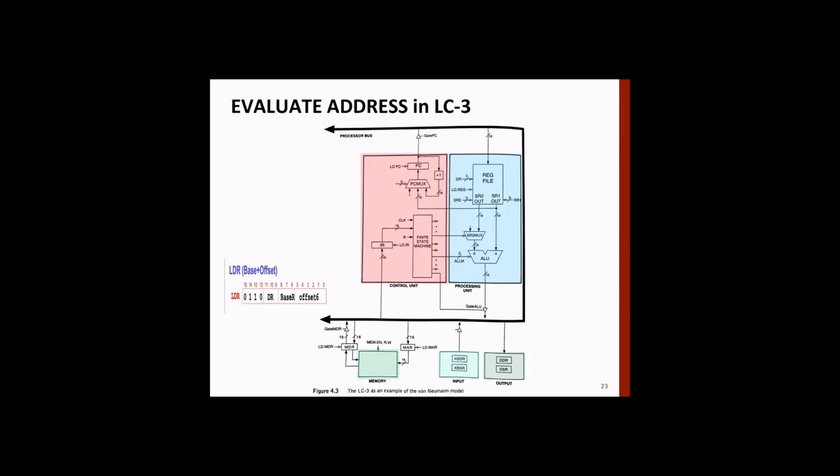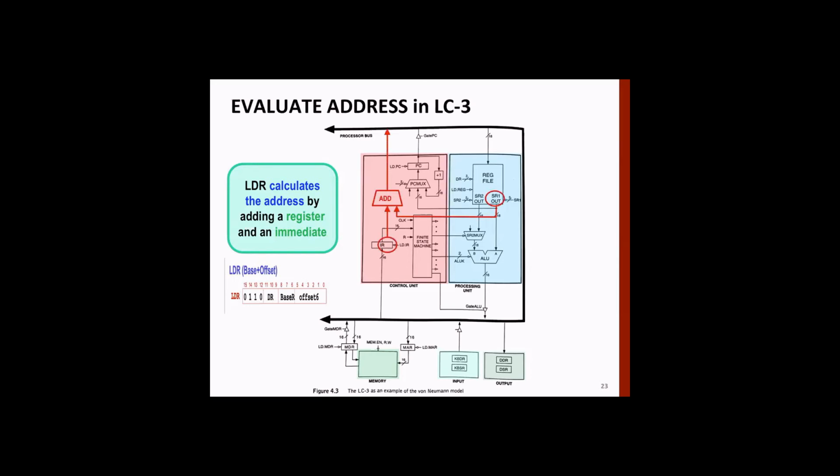Okay, so the previous step that we studied is to evaluate the address. How are we going to evaluate it? The first thing is that we'll have to look at the offset in the instruction. These offset bits are there in the instruction, and then we'll have to look at the base register mentioned in the instruction. We'll have to take the value out of the register file and add it to the offset.